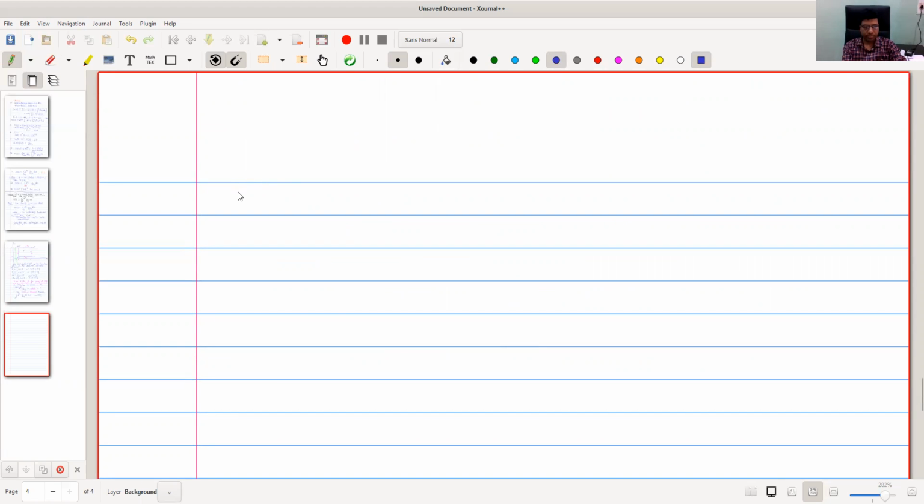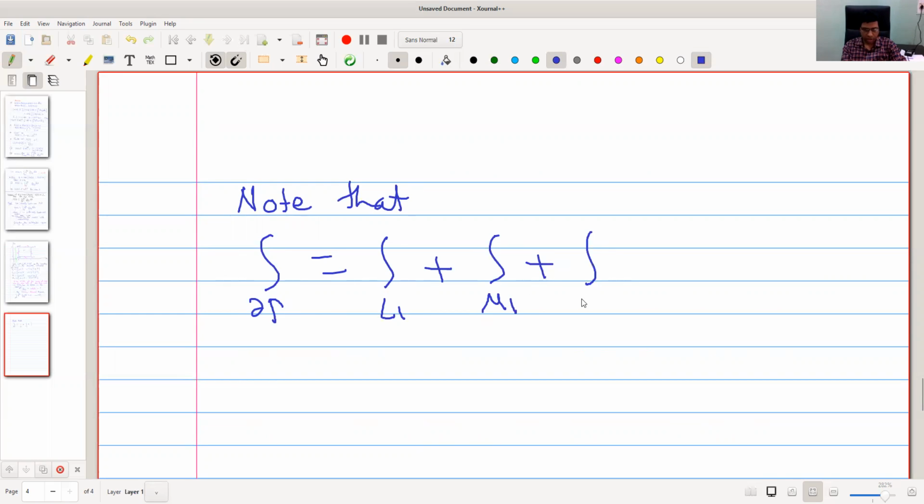Note that this integral along the boundary of gamma is the sum of four integrals: along L1, plus along M1, plus along L2, and along M2. We call this 2.